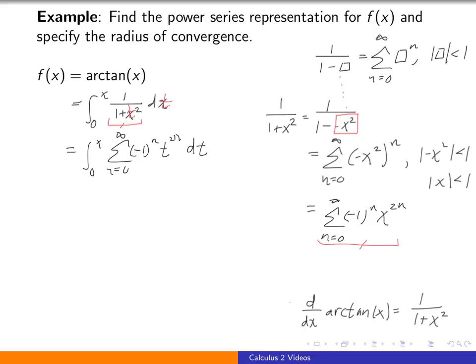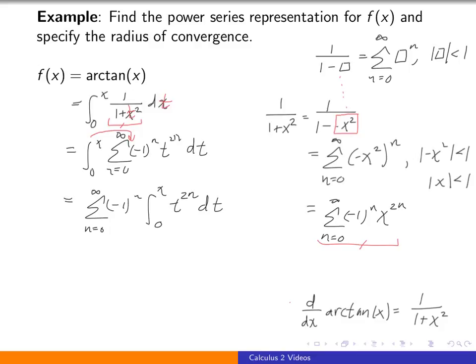And now we can think of taking the integral and plugging it inside the power series. That is, we can write this as the sum from n equals 0 to infinity. Minus 1 to the n is a constant with respect to t, so pull that out. The integral from 0 to x of t to the 2n dt.